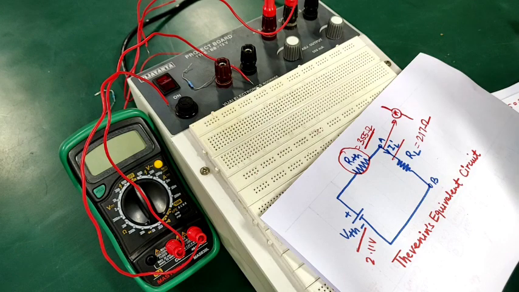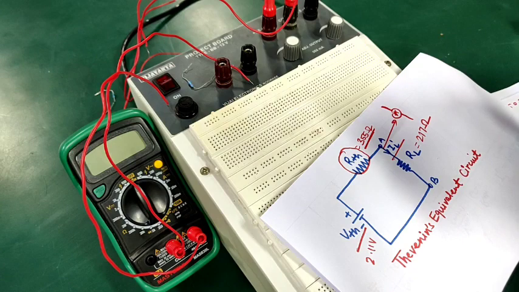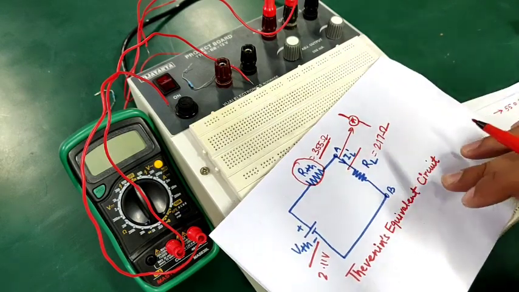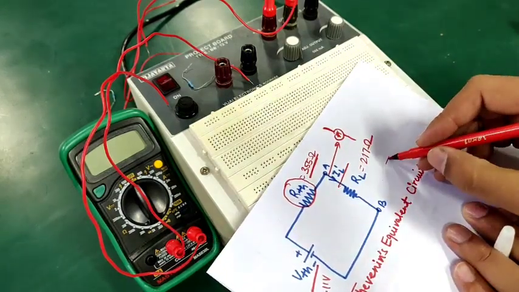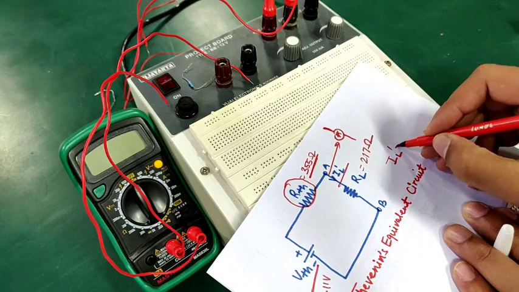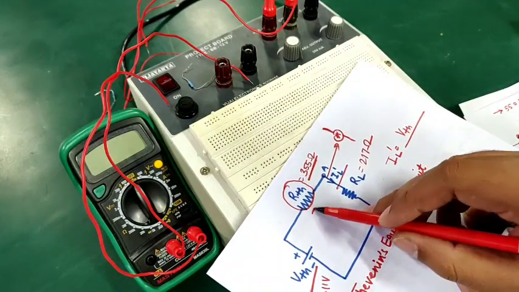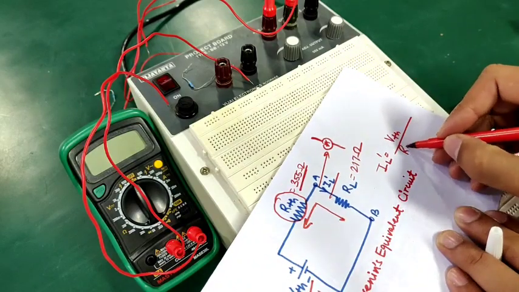So therefore we are not going to make this circuit onto the breadboard. We are going to use our general formula for calculation of IL dash. IL dash would be VTH divided by the combination of RTH and RL.